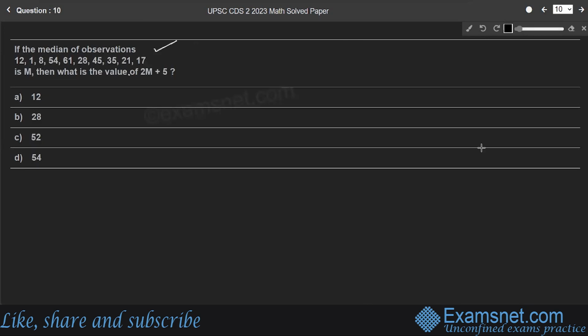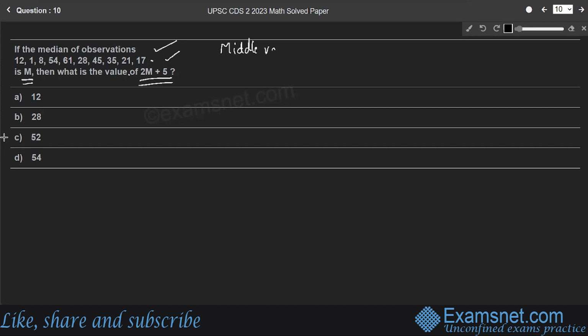Question number 10. If the median of the given observations is m, then find the value of 2m plus 5. We'll write the given observations in ascending order so we can find the median. Median means the middle value.